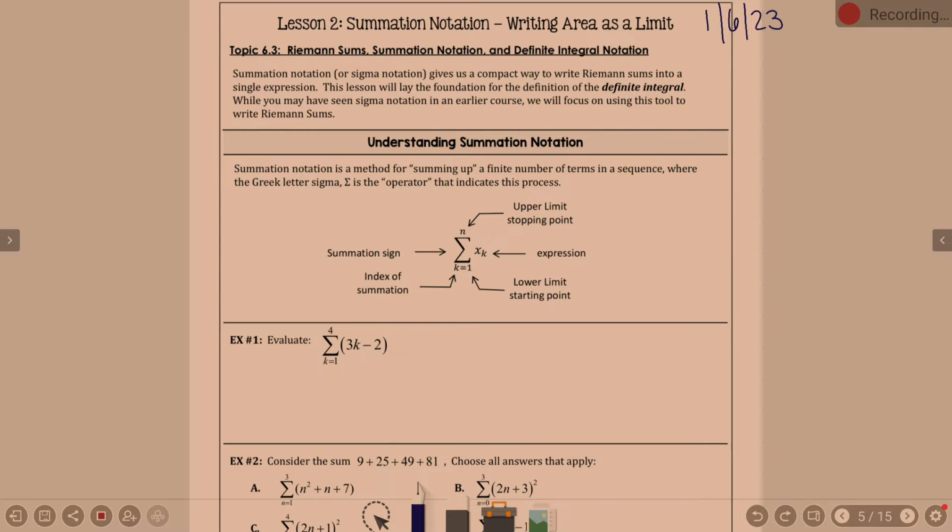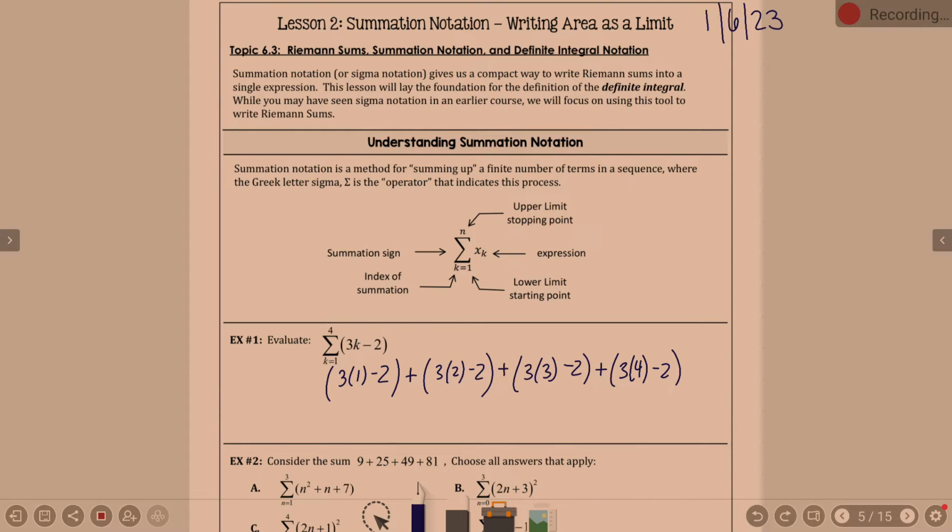Okay, so my first one is 3 times 1 minus 2, plus 3 times 2 minus 2, plus 3 times 3 minus 2, plus 3 times 4 minus 2.